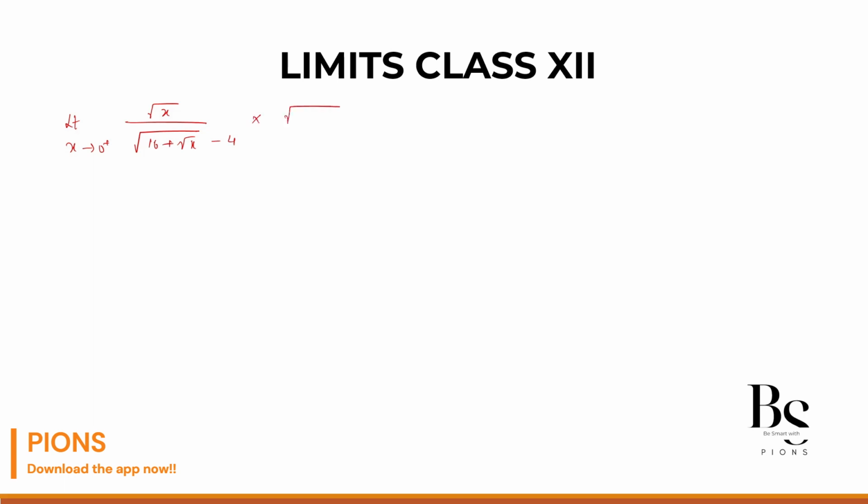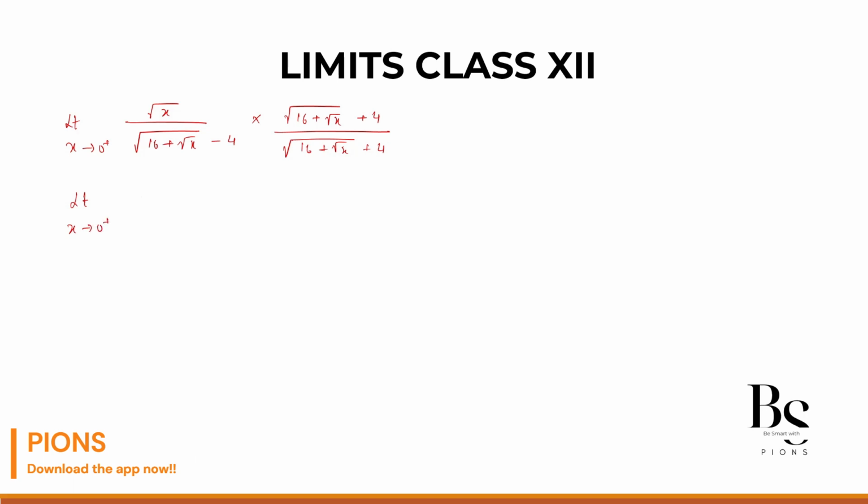So what do you have to do if you have roots? Sir, rationalize it. Root of 16 plus root x plus 4 whole divided by root of 16 plus root x plus 4. Great. Now this is a and this is b. A minus b, a plus b. So what is a plus b into a minus b? A square minus b square.